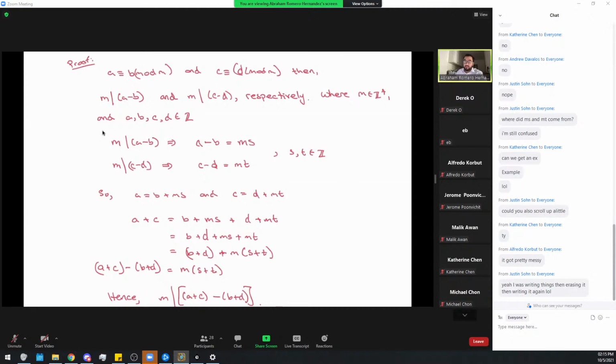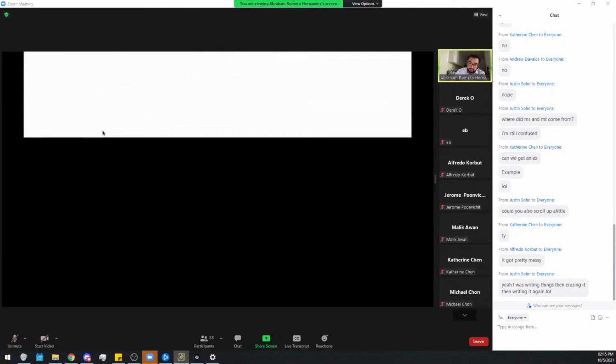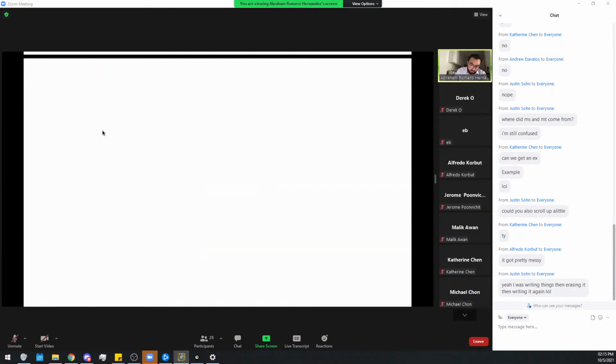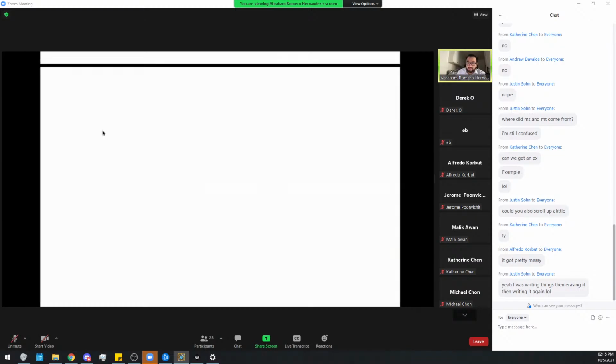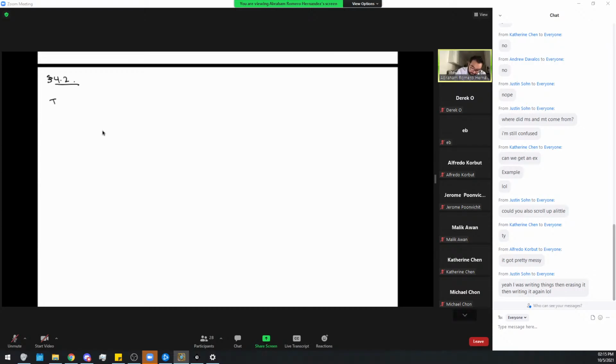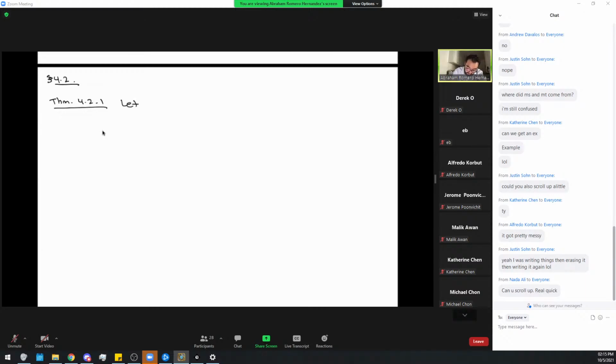Okay, now section 4.2. We may not finish all of this, but it's going to look familiar for a lot of you. Theorem 4.2.1. Let B be any integer and b is greater than 1.